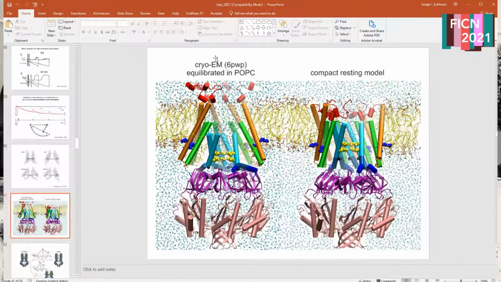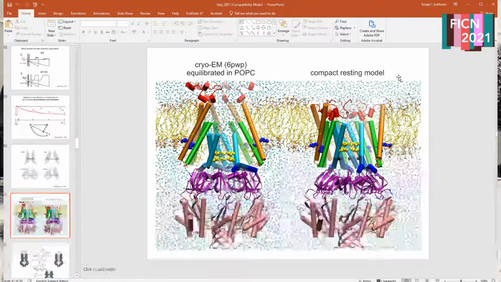On the left, you see the recently solved wild-type MscS structure published by Eduardo Perozo. This was in nanodiscs. We simulated this structure for about 50 nanoseconds, and it equilibrated a little bit. The N termini got slightly disordered, but that's the stable cryo-EM structure.